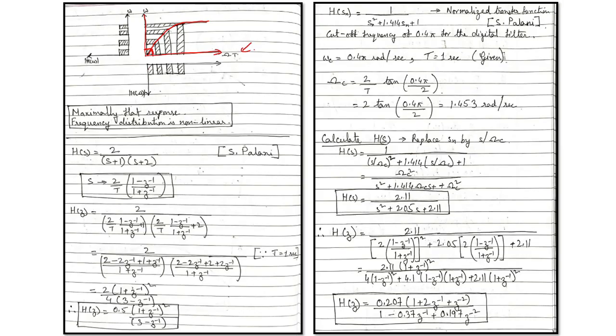Again in this region we have sampled the analog frequency, and correspondingly we have found some mapping in the digital frequency, and so on. So in the whole frequency range we have done this mapping.